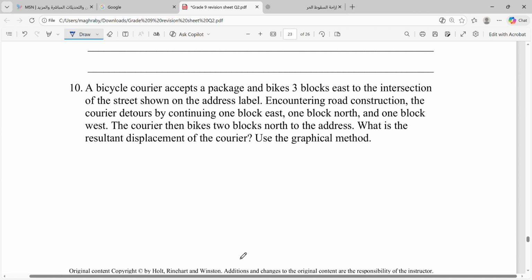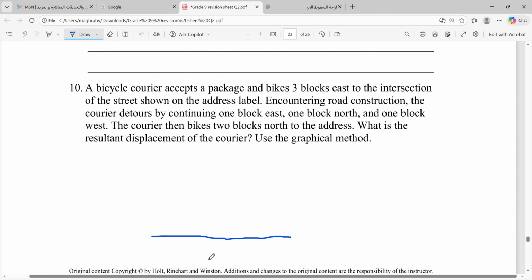A bicycle carrier accepts a package and bikes 3 blocks to the intersection of the street. So at the beginning he starts to move 3 blocks: first block, second block, third block. Then, encountering road construction, the carrier detours by continuing one more block.